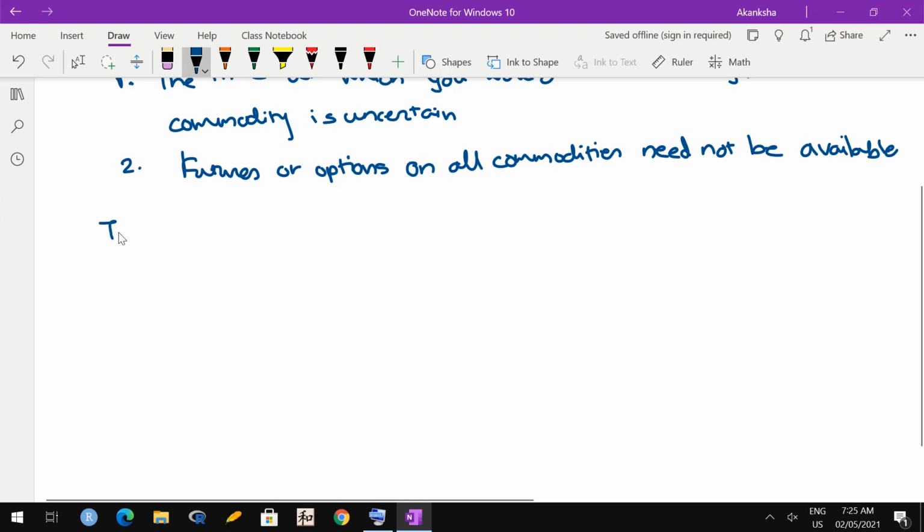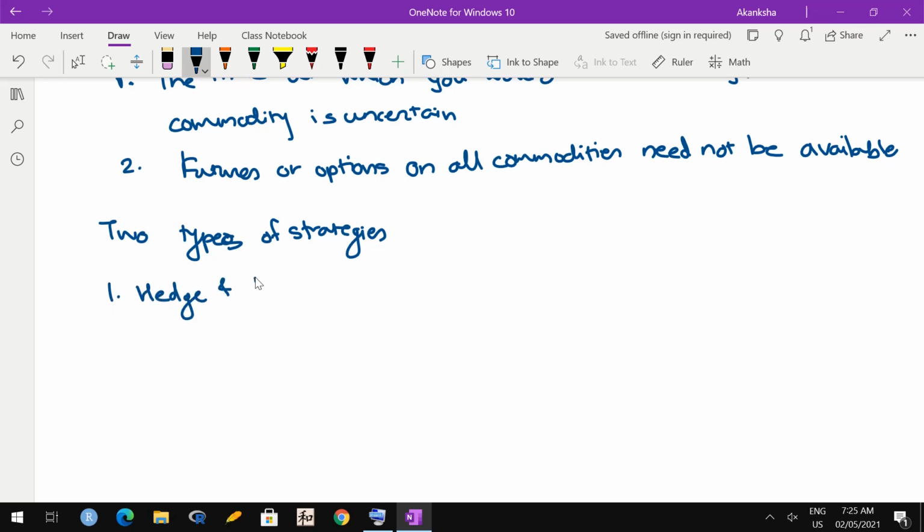So there are two types of hedging strategies. The first strategy is hedge and forget, and the second is dynamic hedging. What do we mean by these two strategies?